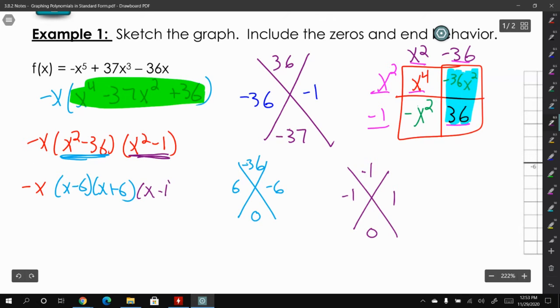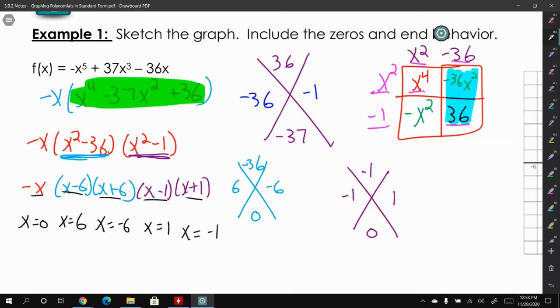So then we have x minus 1 times x plus 1. So now our zeros will be x equals 0, x equals 6, x equals negative 6, x equals positive 1, and x equals negative 1. So we just go through it and say what makes each of these factors equal to 0.